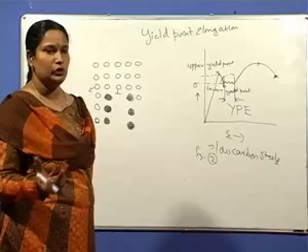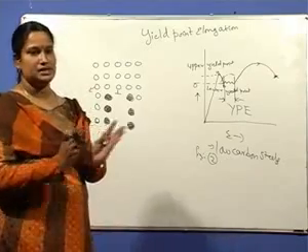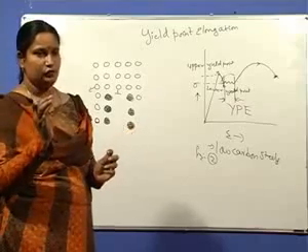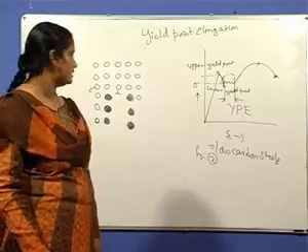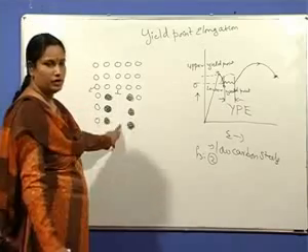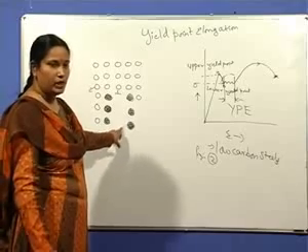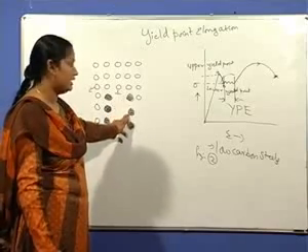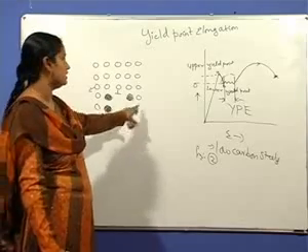The larger the size of the solute atom compared to the solvent atom, the more it creates lattice strains and the lattice gets expanded. If the solute is smaller than the solvent, lattice contraction takes place.